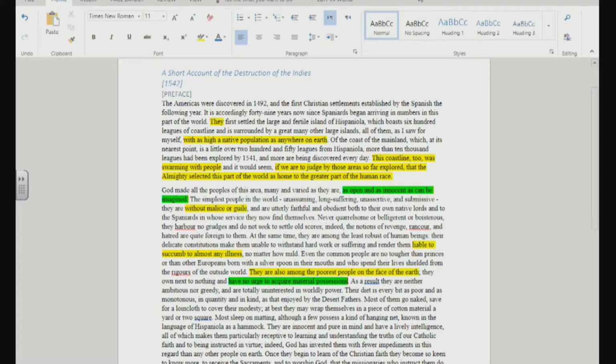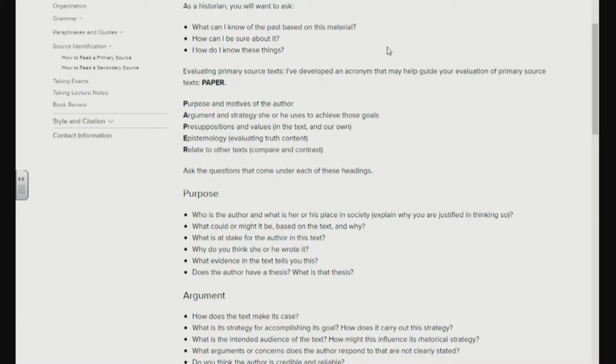So his presuppositions are really entirely based on what he would expect from commoners in Spanish farms and in Spanish villages, that these people are hardworking, that they have to work hard for just survival, and so are used to being ground under the boot of aristocrats, that the only Spanish who are not hardworking and who don't have to have calluses on their hands and have to have these powerful bodies, the only Europeans like that are aristocrats.